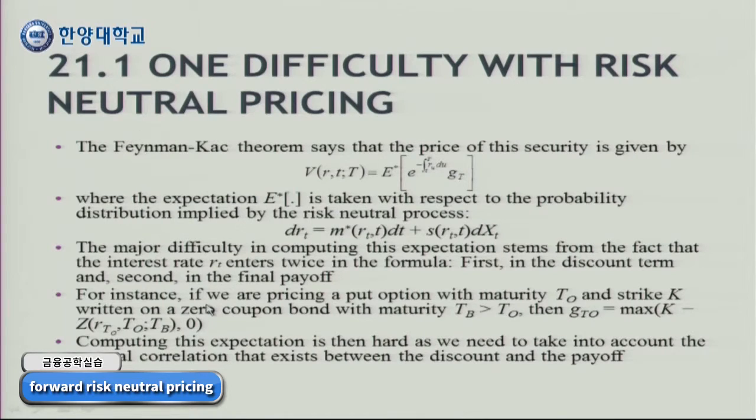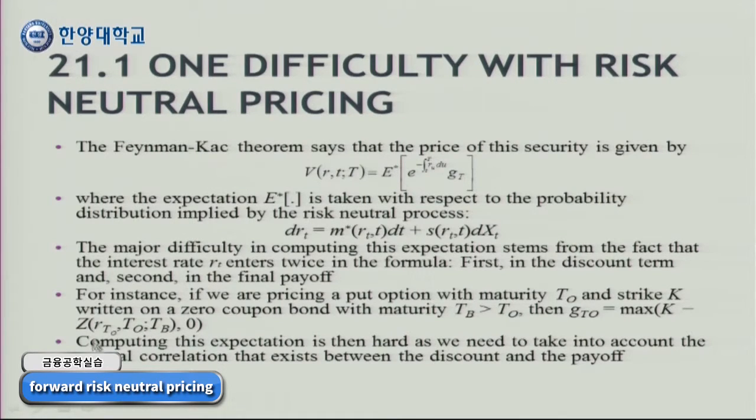For instance, if we are pricing a put option with maturity T and strike price K on a zero coupon bond, it is a put option, but underlying it is a bond, not stock. But the formula is the same. They will exercise the put option only when the bond price is less than strike price. So terminal price is the same. But the zero coupon bond itself, this one, is a function of interest rate.